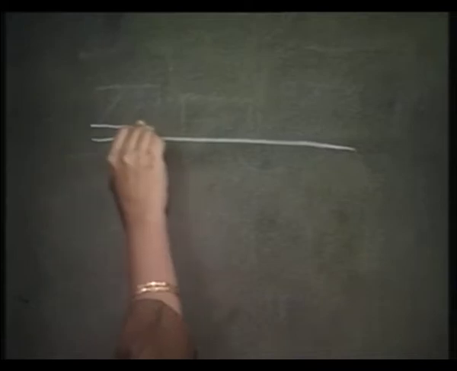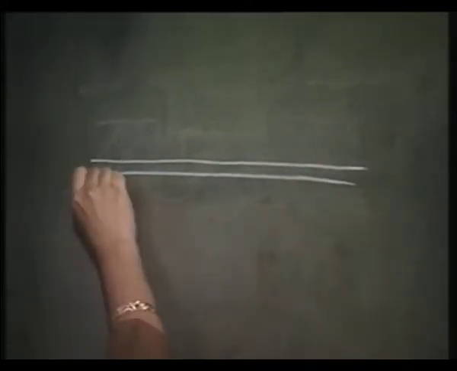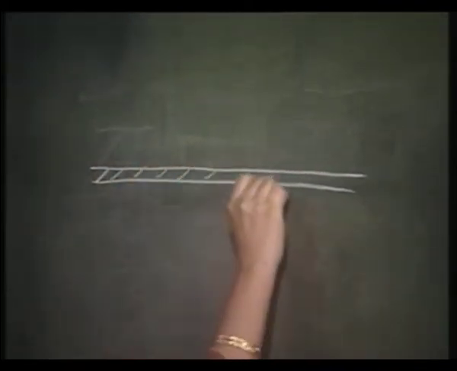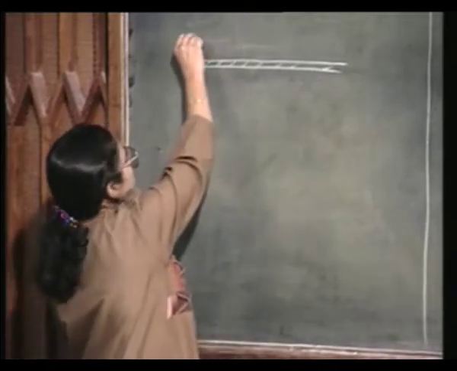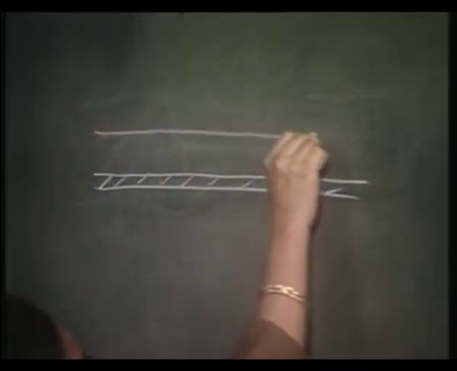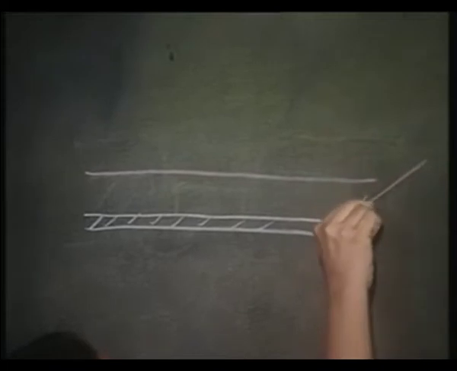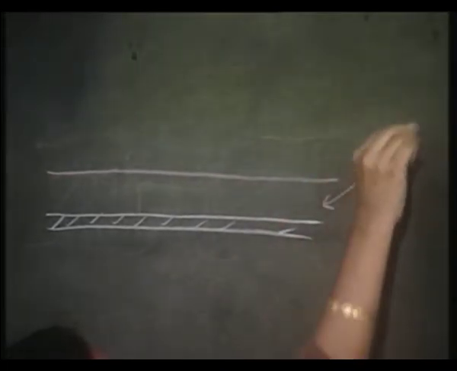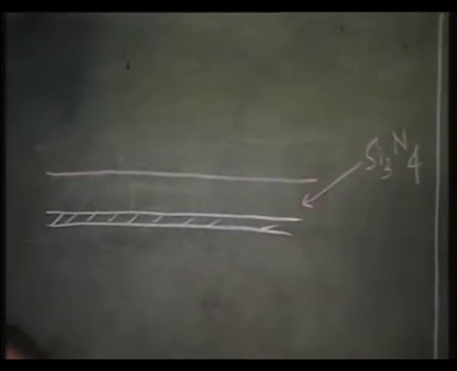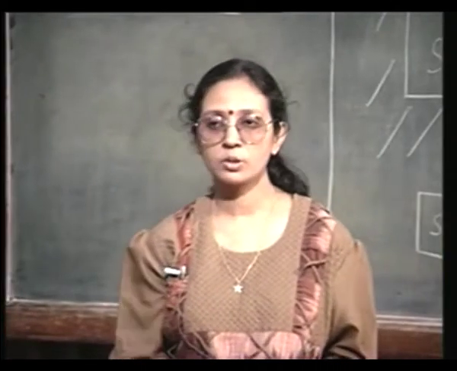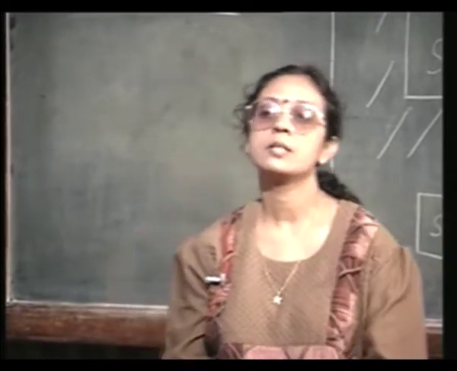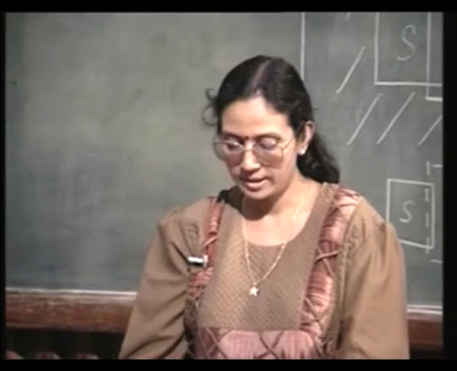You have first a thin pad oxide and then top it up with a silicon nitride layer. About 2000 angstrom of silicon nitride and about 200 angstrom of pad oxide. Okay. So, the silicon nitride layer thickness is 10 times that of the pad oxide.